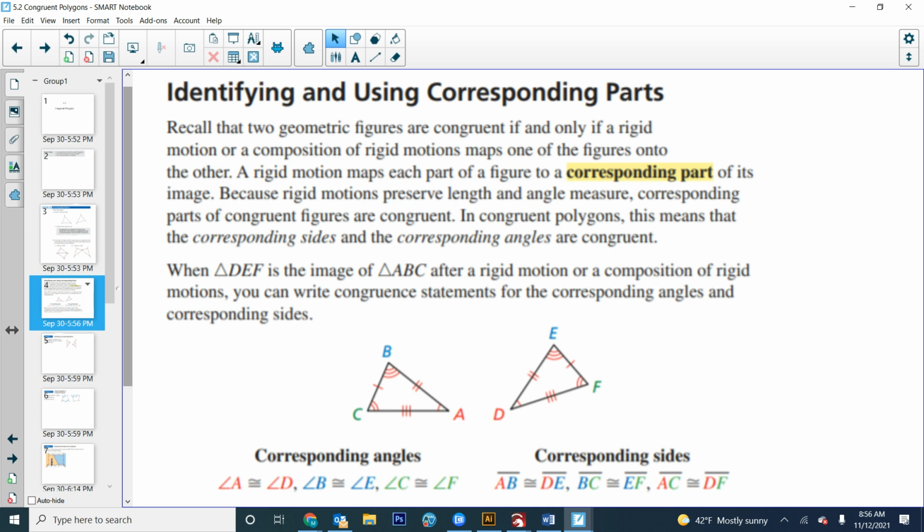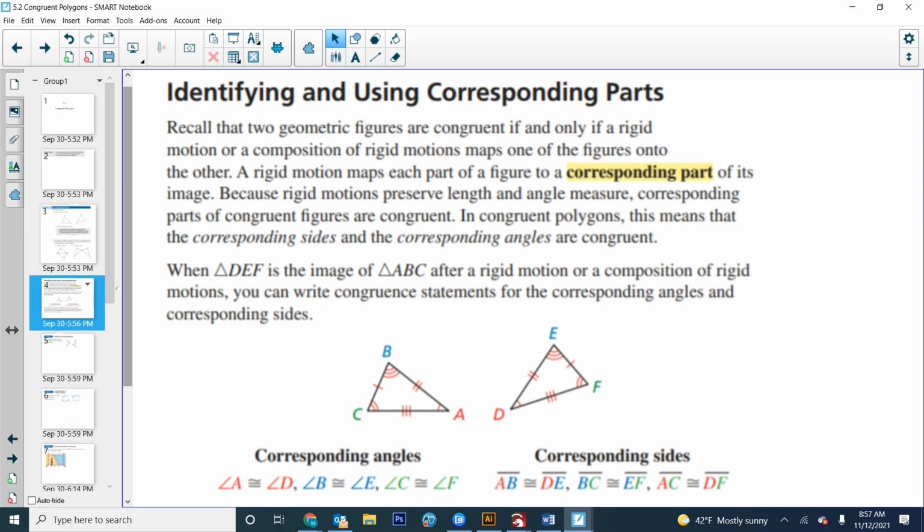Now, the things that go together, single arc marks, double arc marks, tick marks, and so forth, are called corresponding. That word is not the same as corresponding when we drew them on parallel lines with the transversal. Remember the corresponding angles were congruent? That word is different than this corresponding. Corresponding means to go together. So say we have a spirit day and we have twin day, and let's say Ryan and Preston are going to twin it up.